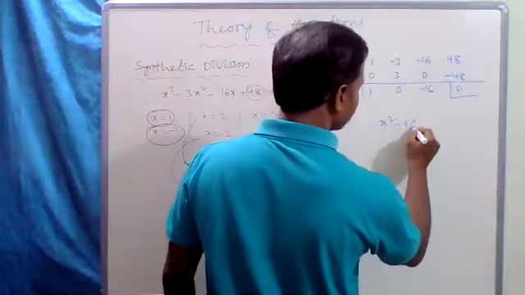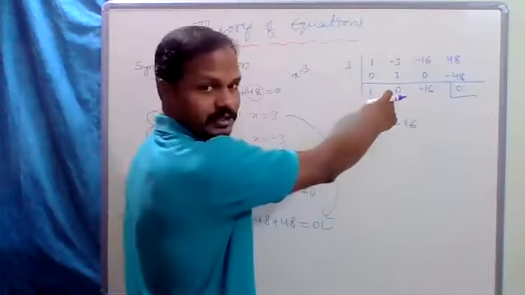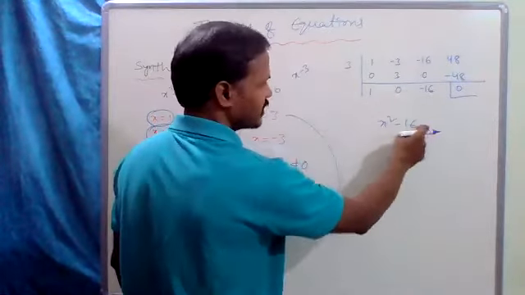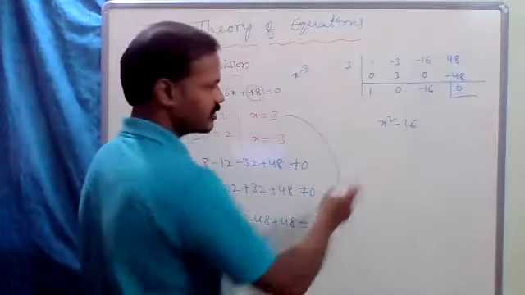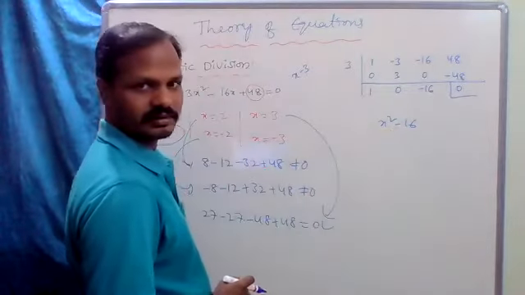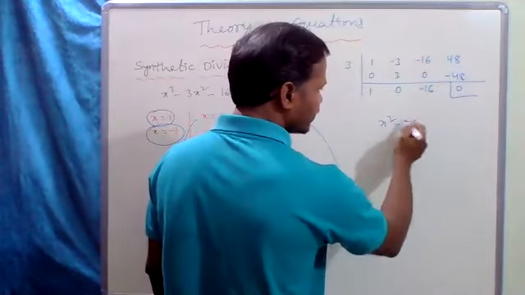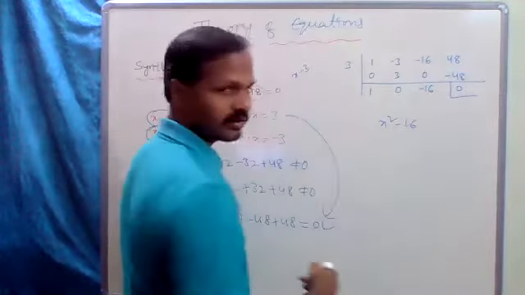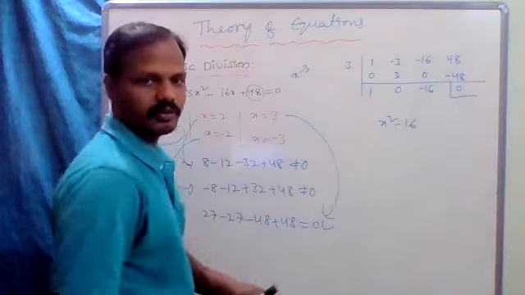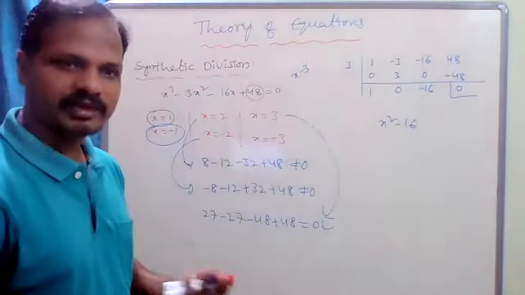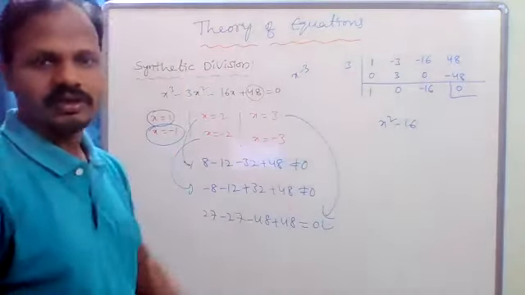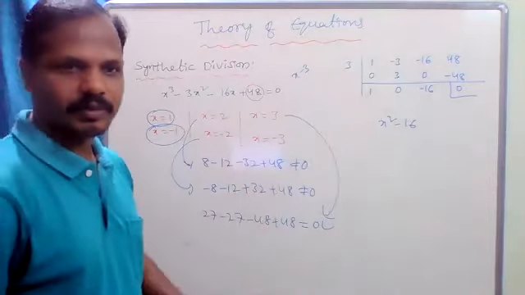Now what is the quotient here? x square plus 0 into x minus 16, so x square minus 16 is the quotient. Clear? Now x square minus 16 can be factorized, because we know a quadratic equation can be factorized very easily, as we already did many problems.